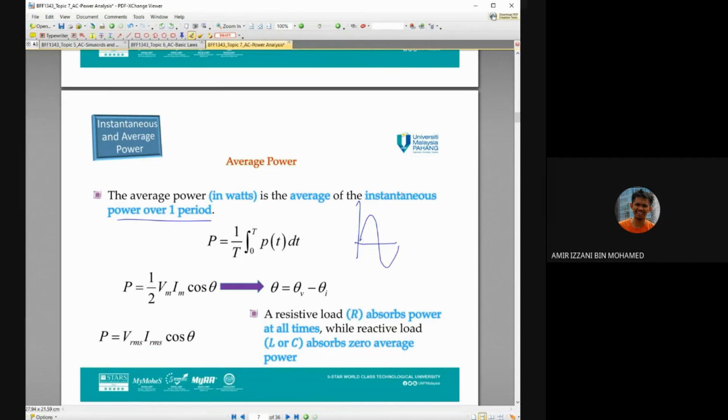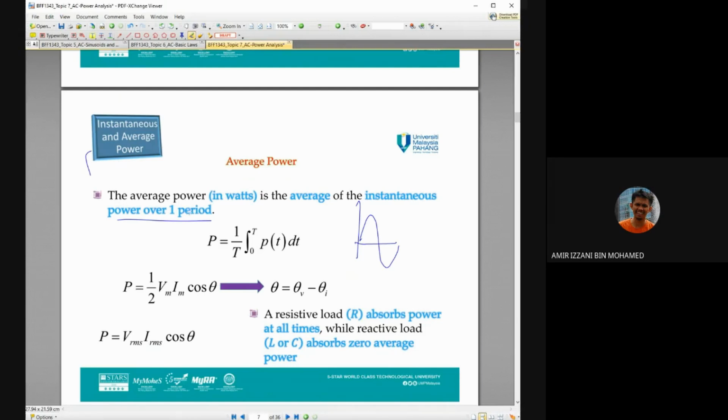So to get the average, we take all the values divided by the time of this cycle, this period. So we can integrate the p(t) equation from 0 to T, where T is the period.